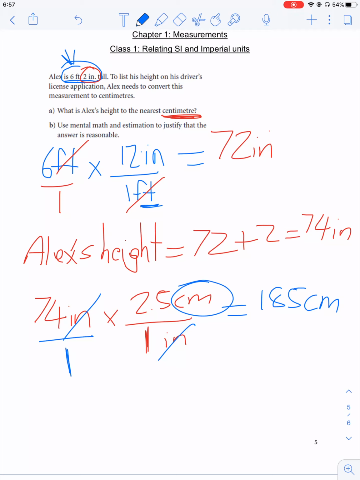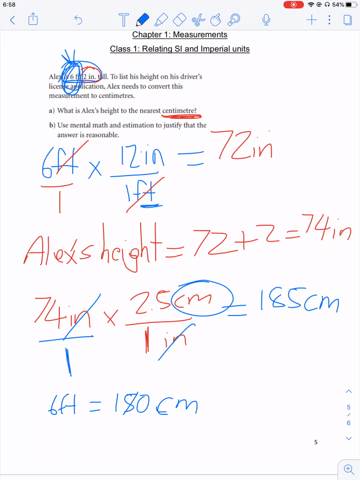And they're just saying use mental math to estimate your answer, right? So remember, 6 feet. Mental math, you would have to do it this way. So 6 feet means 1 foot is 30 centimeters, right? So 6 feet will equal, sorry, 180 centimeters, because 1 foot is 30, so 6 feet will be 30 times 6, so 180.